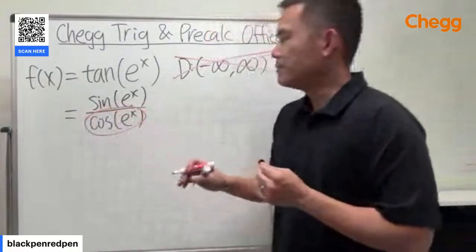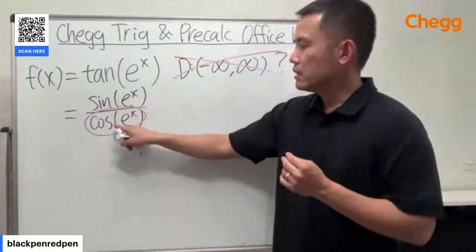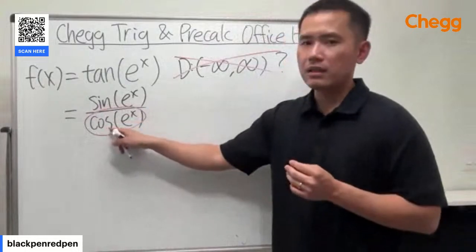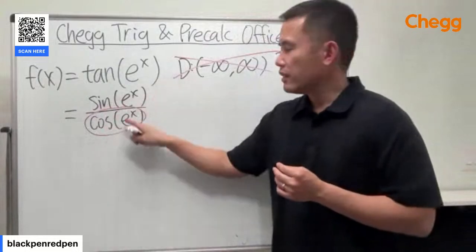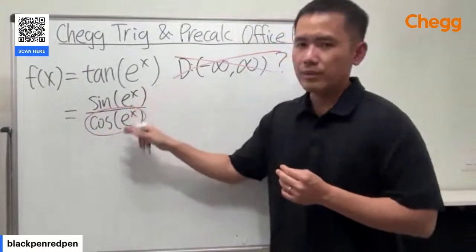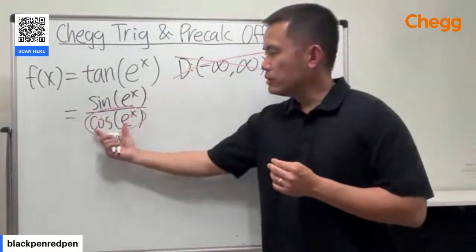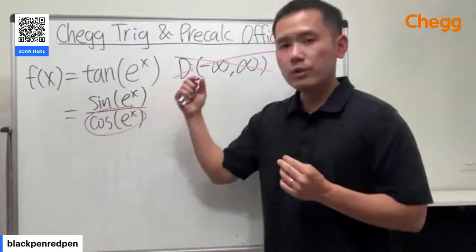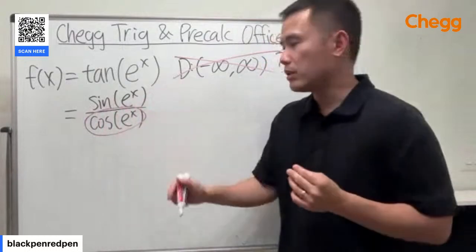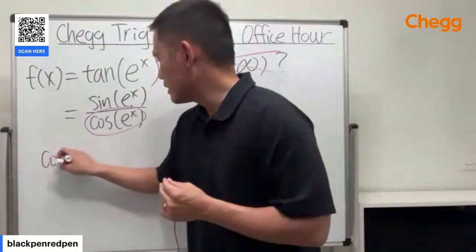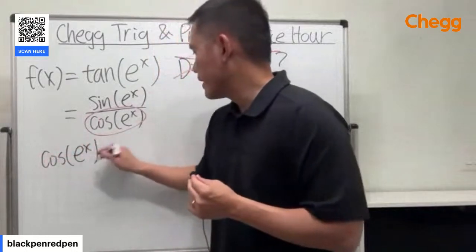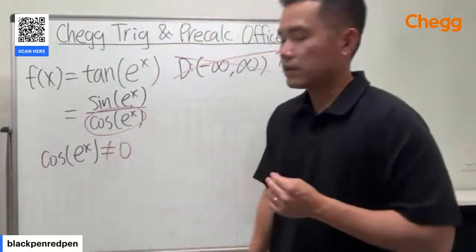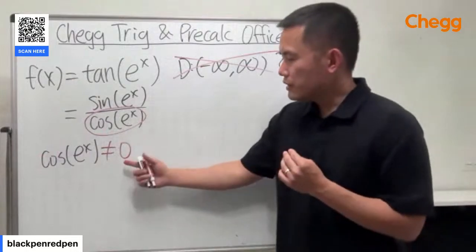Now, the input for cosine, that's all real numbers, that's okay. The input for e to the whatever, that's all real numbers, that's okay. But because this is on the bottom, you have to make sure the whole thing cannot be equal to 0. So cosine of e to the x cannot be equal to 0.